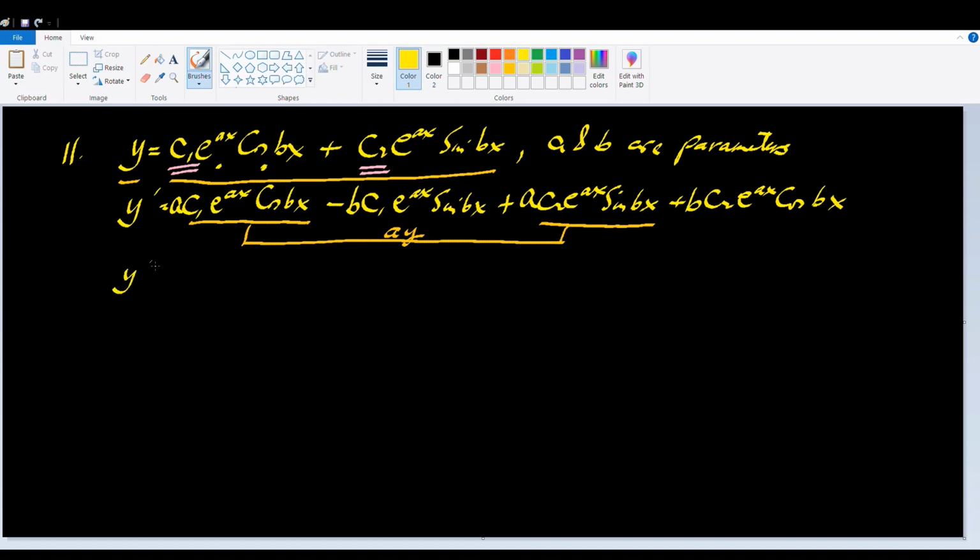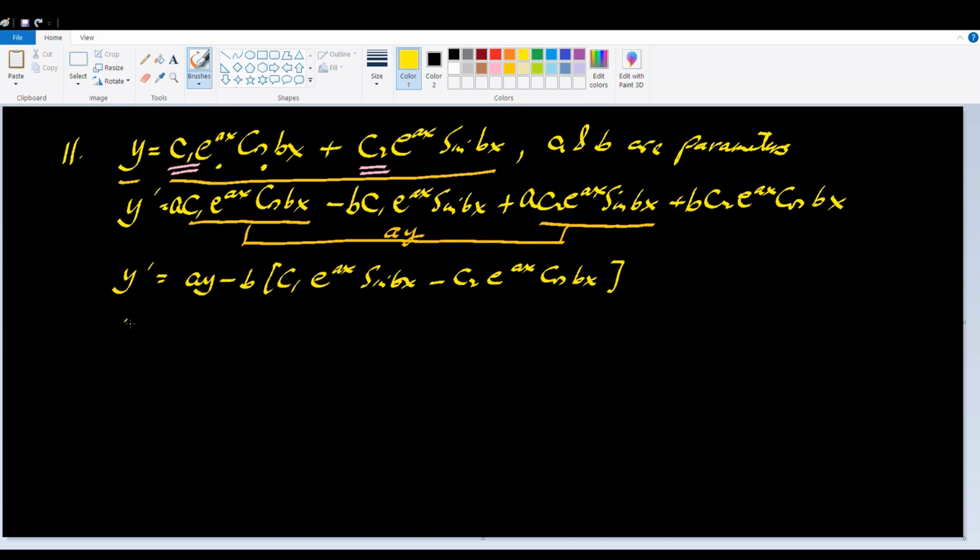So we write it as y prime equal to ay minus, let me factor b in the two remaining terms, b c1 e to the ax sine bx. Factoring negative b here, it becomes negative c2 e to the ax cosine of bx. Alright?